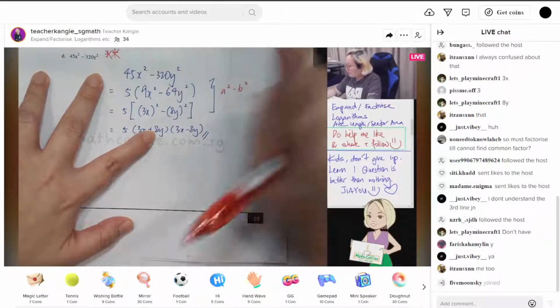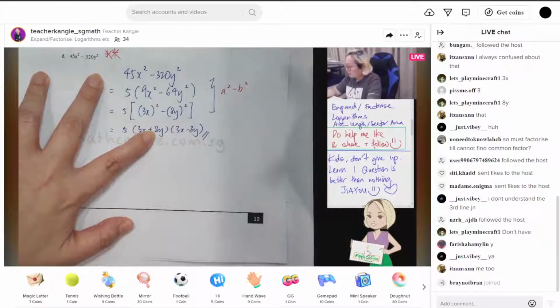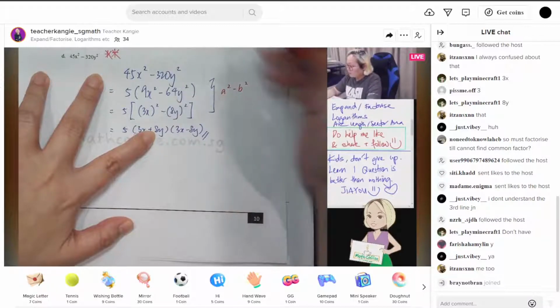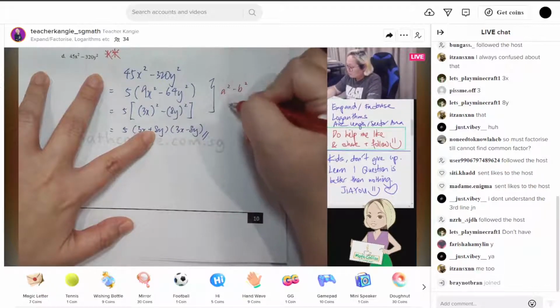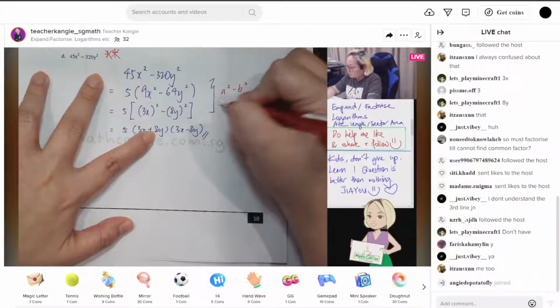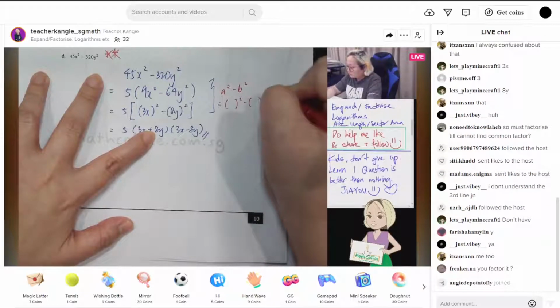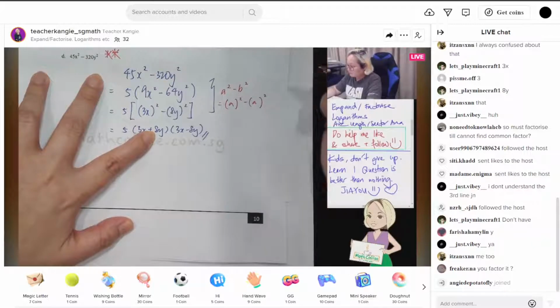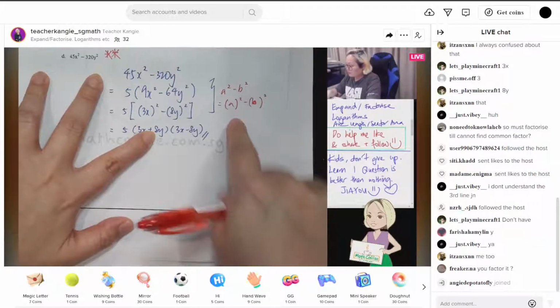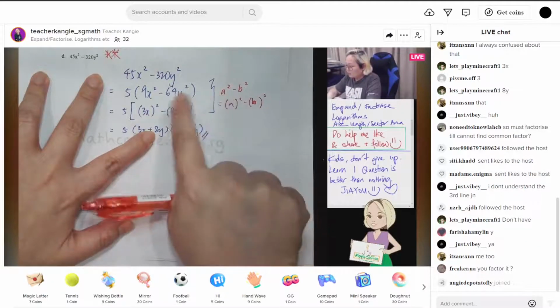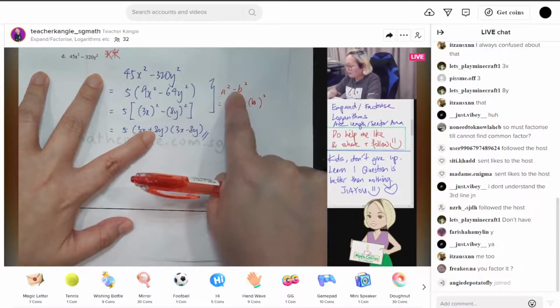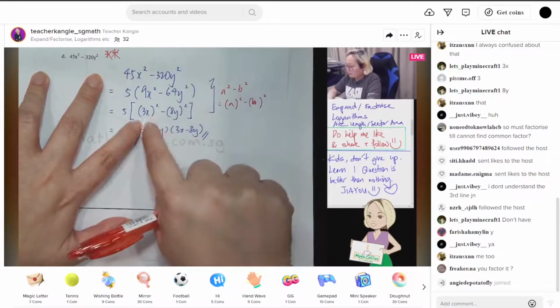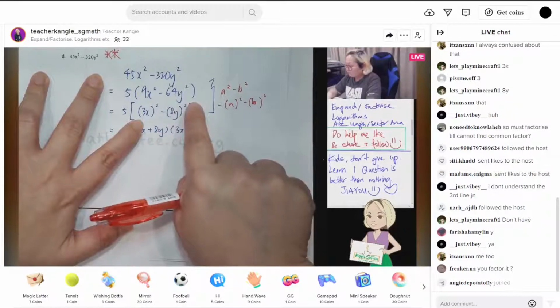Yes, there's something you can take out. You can take out y. I'm using A square minus B square. That's why I asked you all to put something square minus something square. So 9x squared is your A square, minus 64y squared is the B square. So put the bracket square minus bracket square.